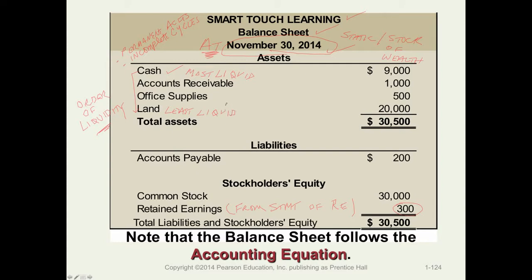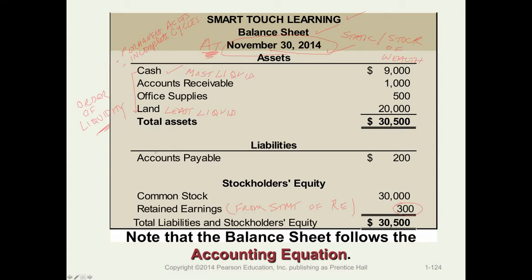Why? Liquidity is the ability to convert into cash with minimal risk of loss. You have cash, already liquid. Accounts receivable, people will buy accounts receivable. They'll discount them, but they'll buy them. Office supplies, you could sell them quickly. Land, it takes time. There are a lot of legal issues that have to be resolved. Before you could sell land, title has to pass, and it takes much longer to sell land than it would be to sell receivables and office supplies.